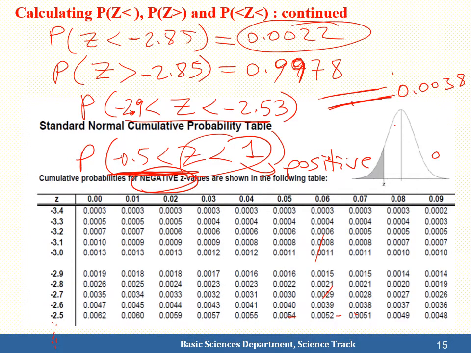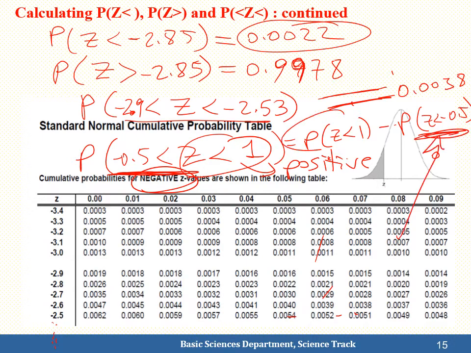So subtract: the probability z less than 1 minus the probability z less than negative 0.5. For this one you can use the table here, but for this one you have to go with the positive table. In the questions, we will give you the positive table. I mean, in the exam, you will have it.